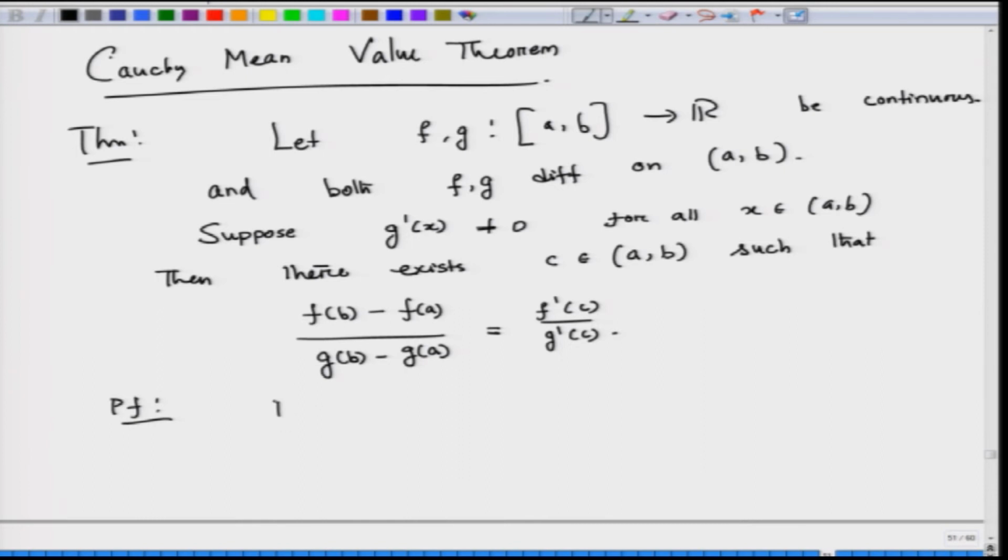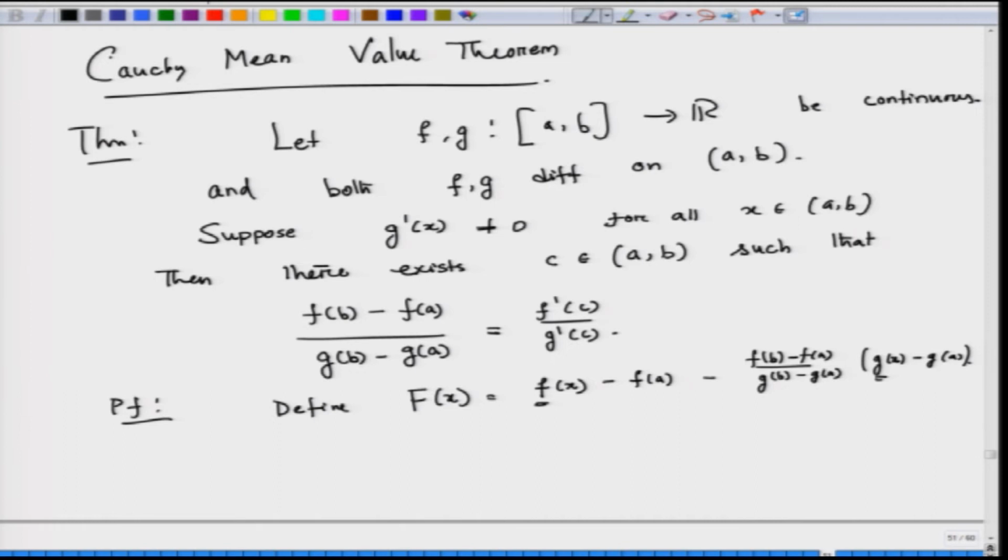So now define capital F of x equal to f of x minus f of a minus f b minus f a divided by g b minus g a, into g x minus g a. Now f is differentiable, g is differentiable, the rest of them are scalars.